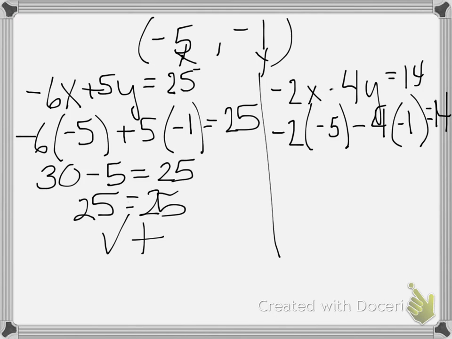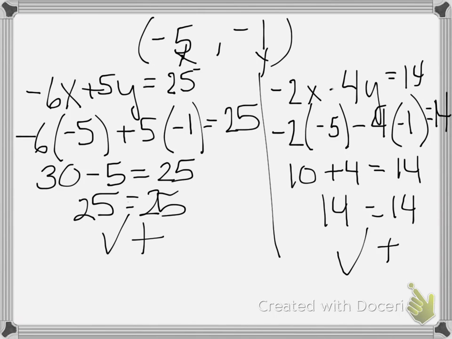So negative 2 times negative 5 is 10. Negative 4 times a negative 1 is a plus 4 equals 14. 14 equals 14. Perfect. That is our solution. We have completed it, and we know it's correct. So that's the solution for both equations.